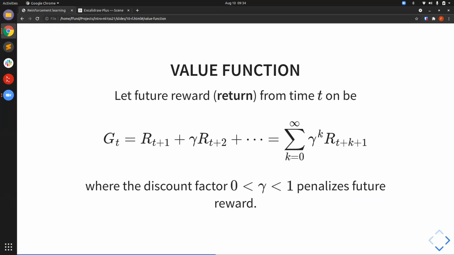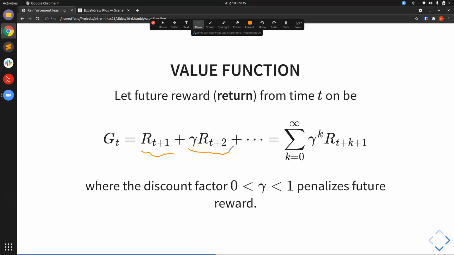So let's call the return from some time t on g sub t. Okay, so this is the expected total reward from time t on. This is our expected cumulative future reward. So our future reward from time t on is our reward in the next timestamp, plus the reward in the following timestamp times some discount factor, and so on, until eventually we're summing all of our future discounted rewards.